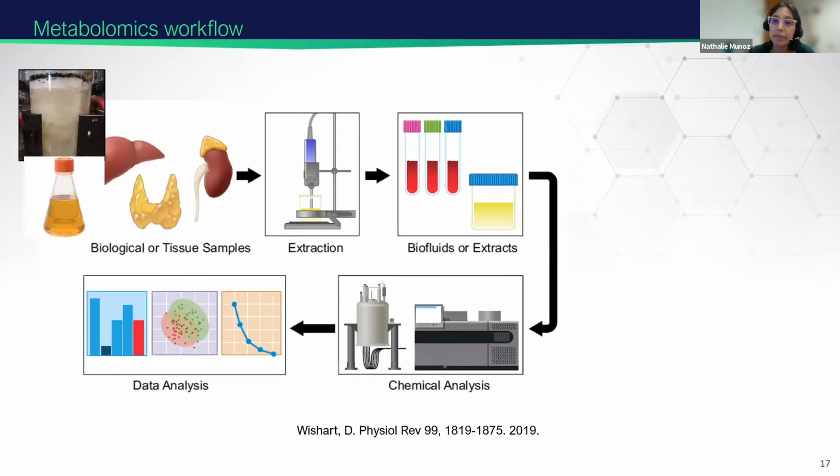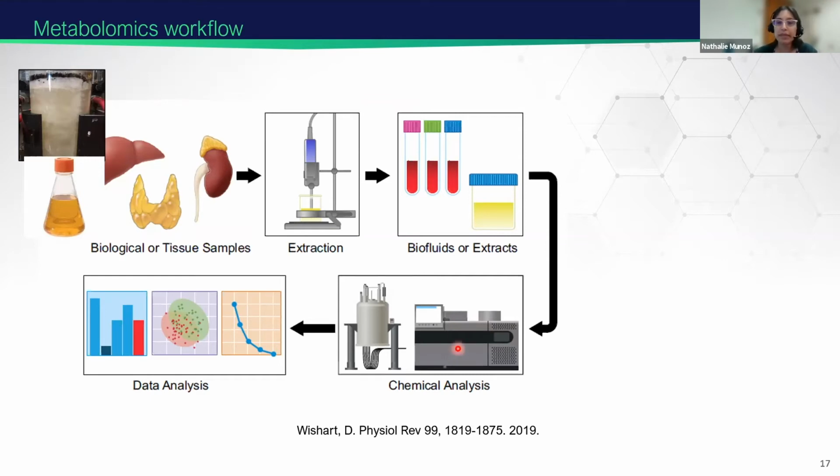We start with the sample, which for our tutorials is going to be fungi grown in a shake flask, and we have to isolate or extract the metabolites from it. We get these extracts and then we prep them for chemical analysis.